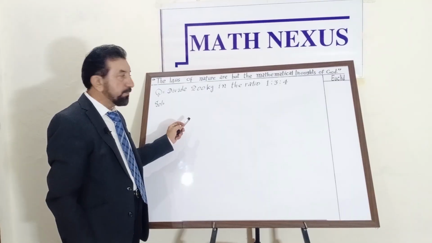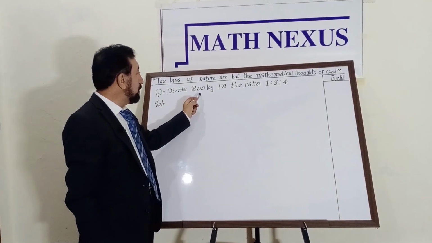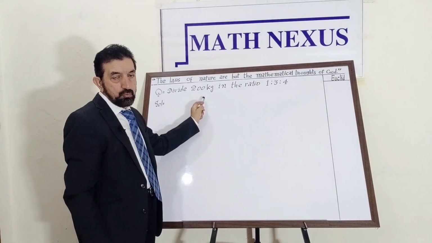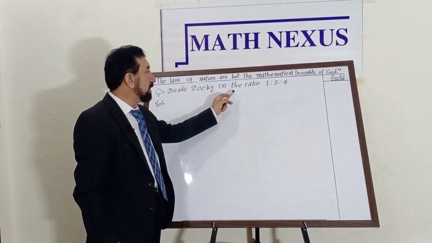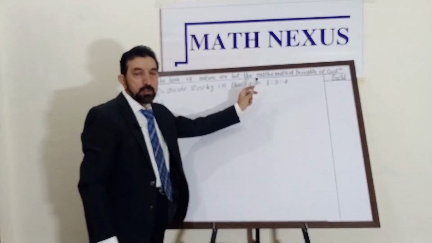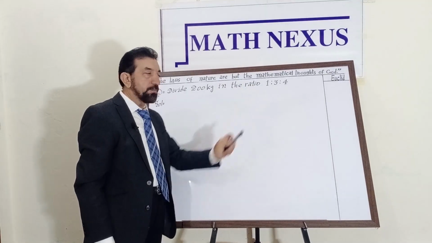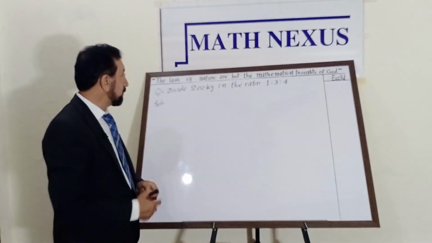Look at the question. Divide 200 kg in the ratio of 1:3:4. Now we want to solve the question.